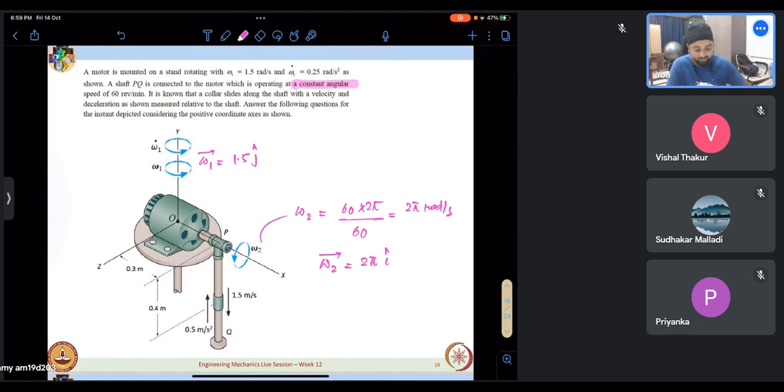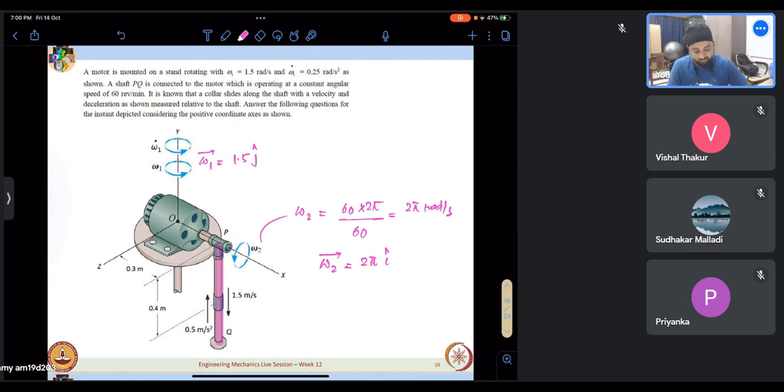That is the essence. It is known that the collar, so we have this thing, is rotating about OP, like that. And then OP is rotating like that because of the motion of this stand. So essentially everything needs to be accounted for systematically.